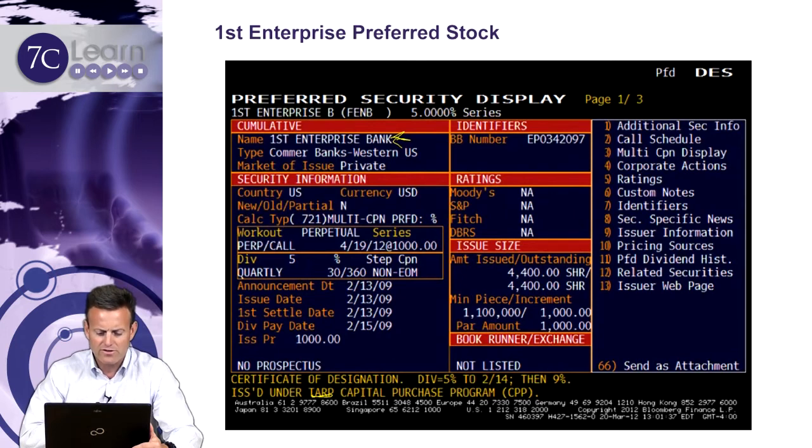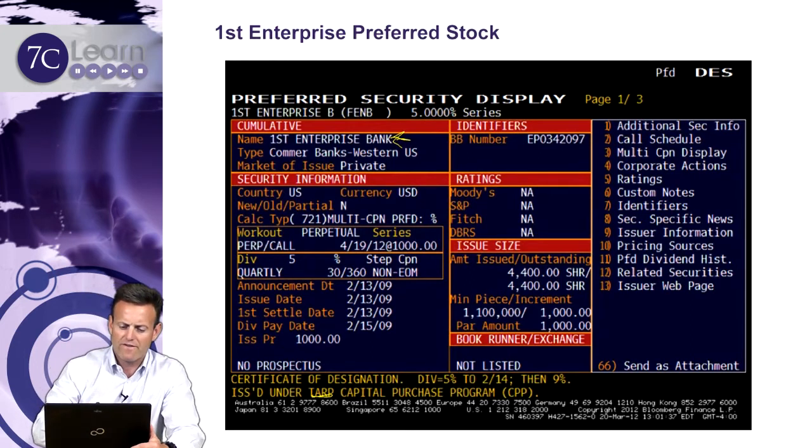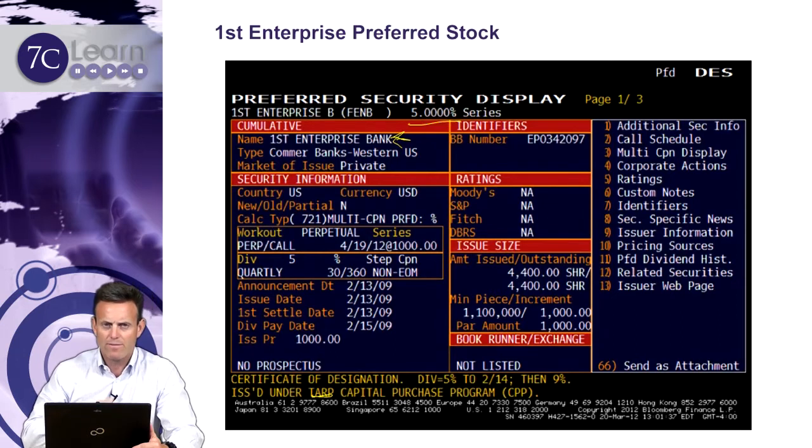So they issued this basically to meet capital requirements of this particular bank. Notice it's got a 5% preferred dividend. So again, the dividend is not paid unless the bank so declares it, but something like this would be cumulative, and the dividend rate is as such stated.